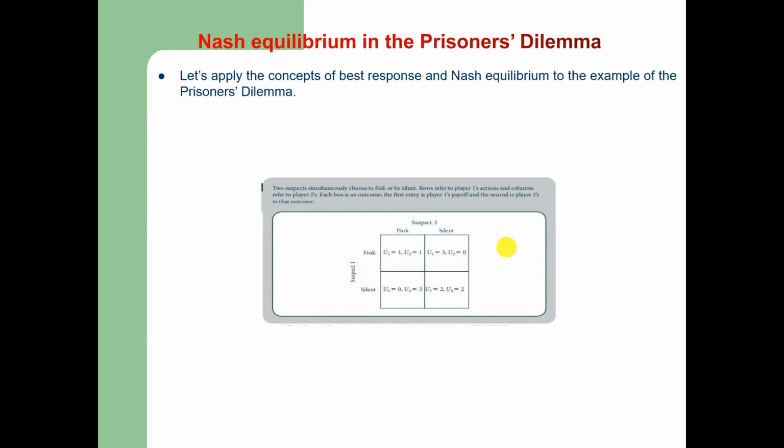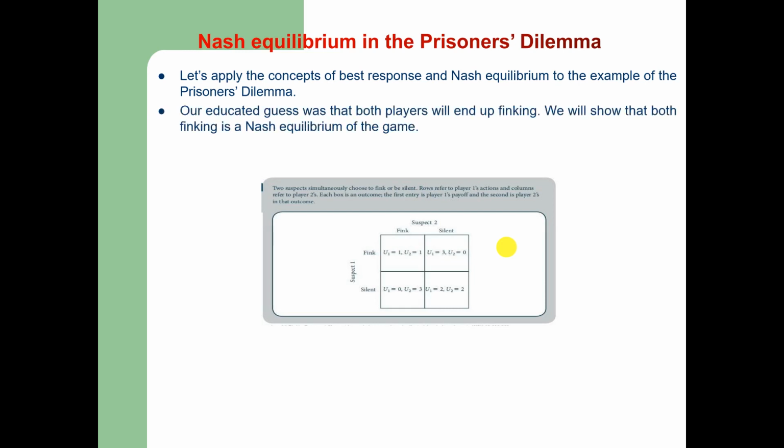Now we would like to discuss Nash equilibrium in the prisoner's dilemma case. Let us apply the concepts of best response and Nash equilibrium to the example of the prisoner's dilemma that we discussed earlier, in the case of the two suspects, where there were two strategies: confess and not confess, or think and remain silent.